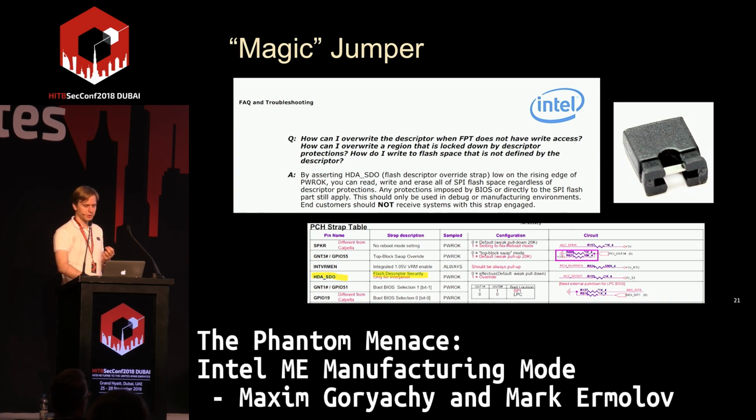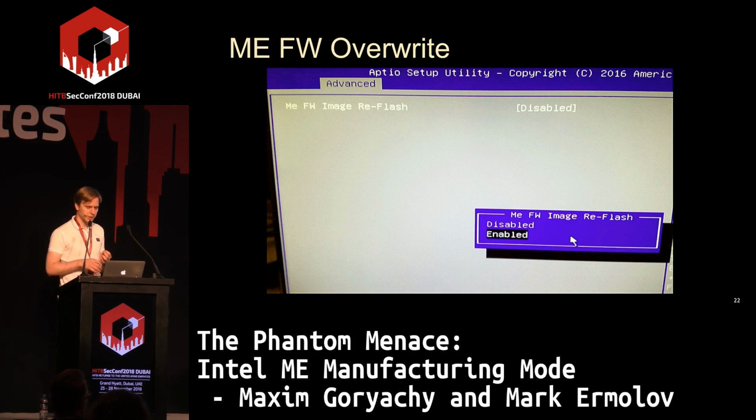And this is the most interesting: a platform is also required to have a special setting in BIOS called flash rewrite enable. Having this, an attacker can write an exploit into the ME region, but how does it work? We found that BIOS sends a special message via the HECI interface.